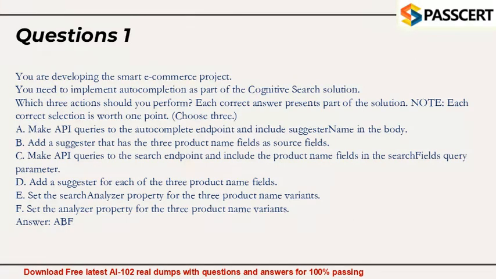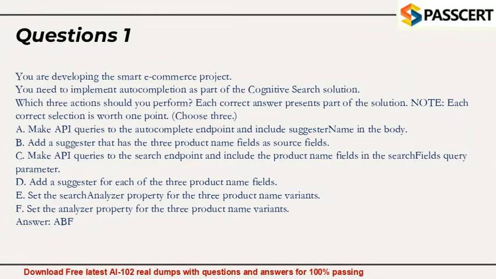Choose 3. A. Make API queries to the autocomplete endpoint and include suggester name in the body. B. Add a suggester that has the 3 product name fields as source fields. C. Make API queries to the search endpoint and include the product name fields in the search fields query parameter.